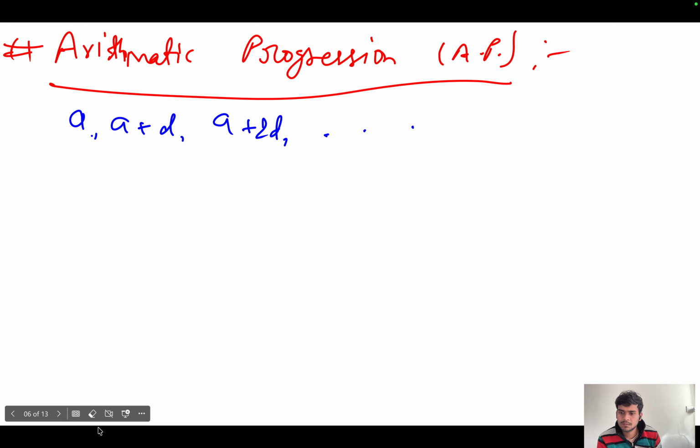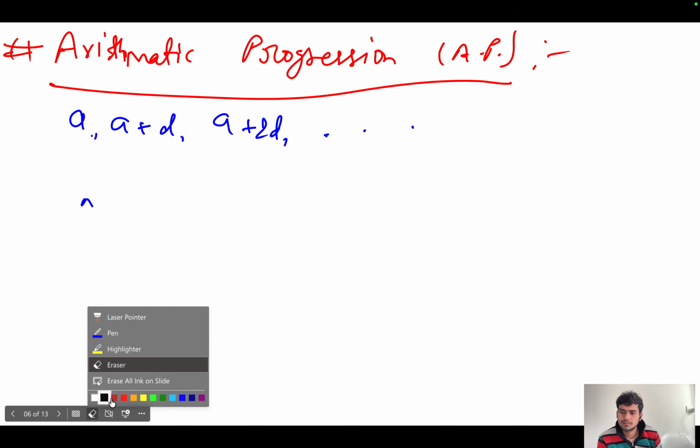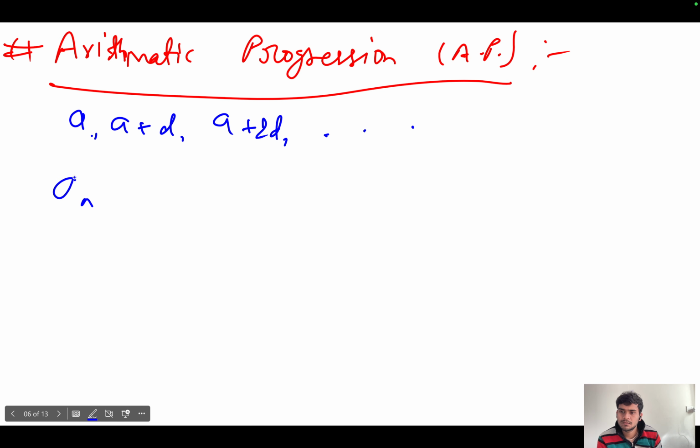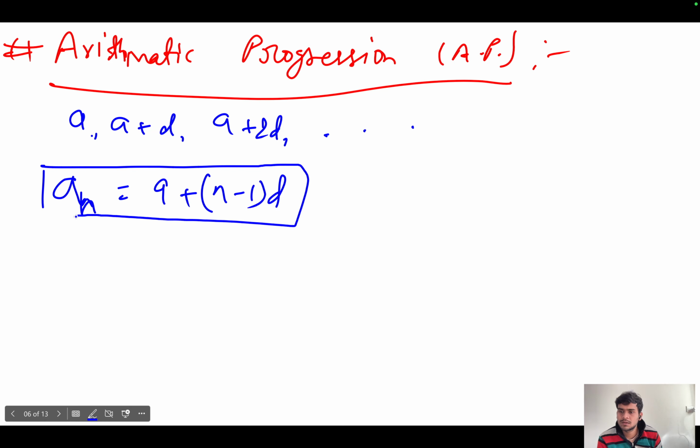Now the formula for the nth term: an equals a plus (n minus 1) into d. This is the formula for the nth term.